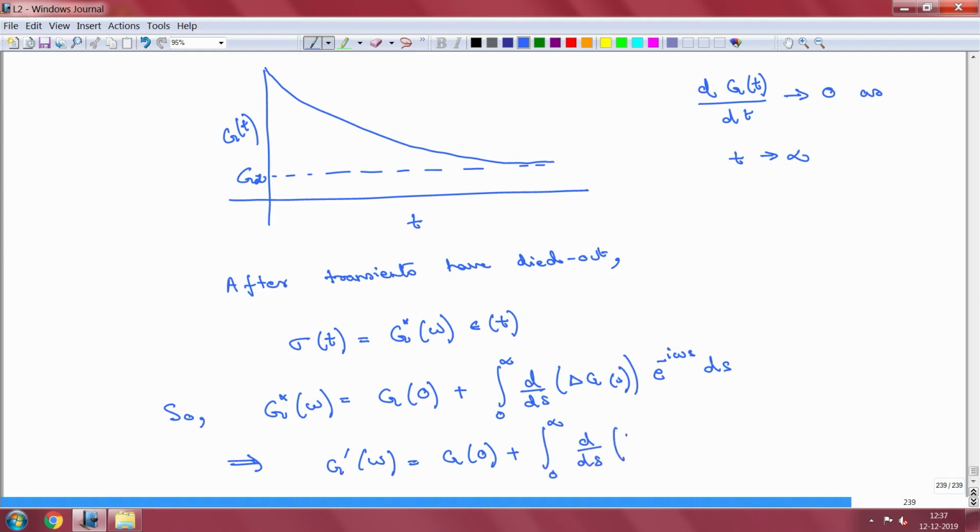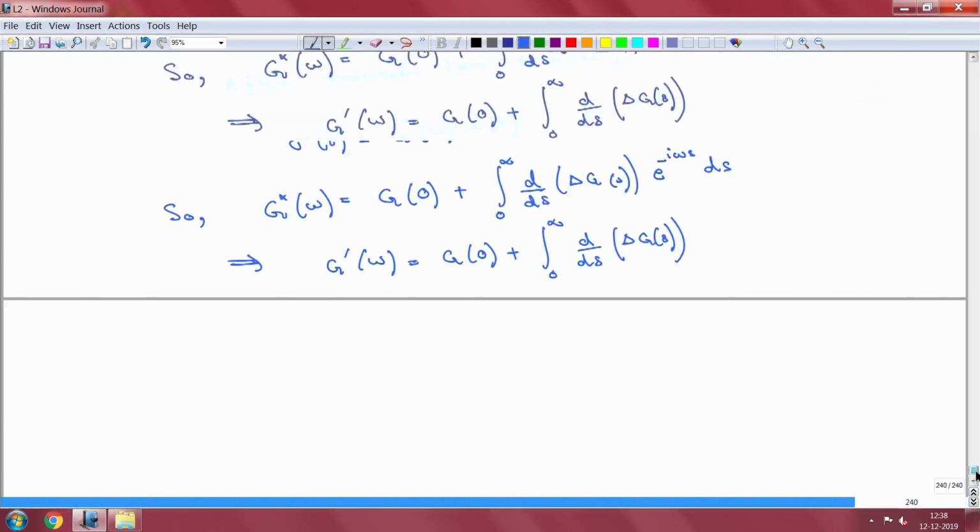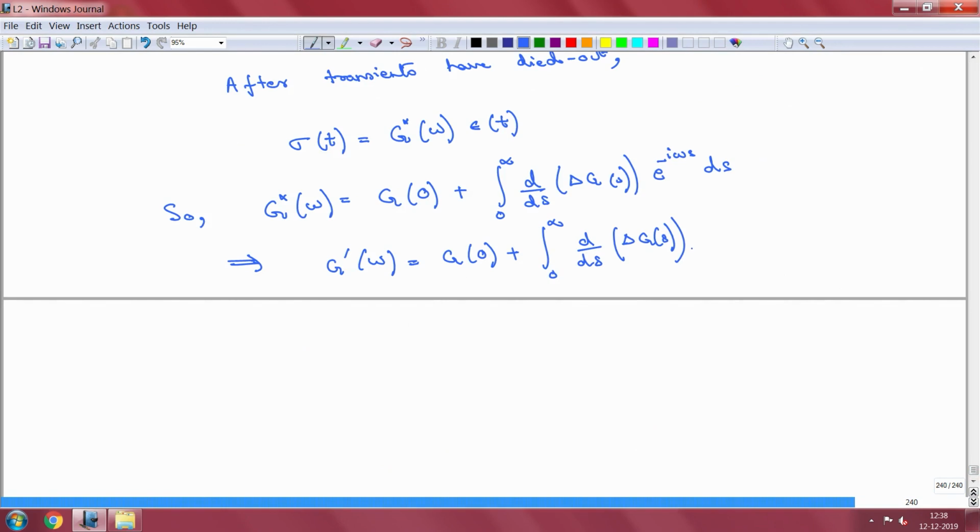This form simply remains, and for the real part I have to take the cosine omega s, cosine omega s ds.